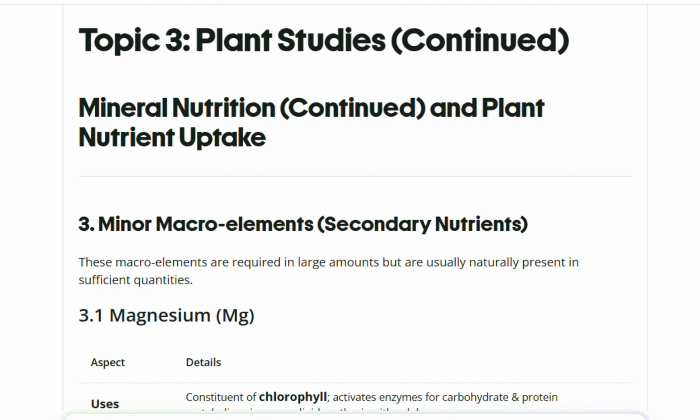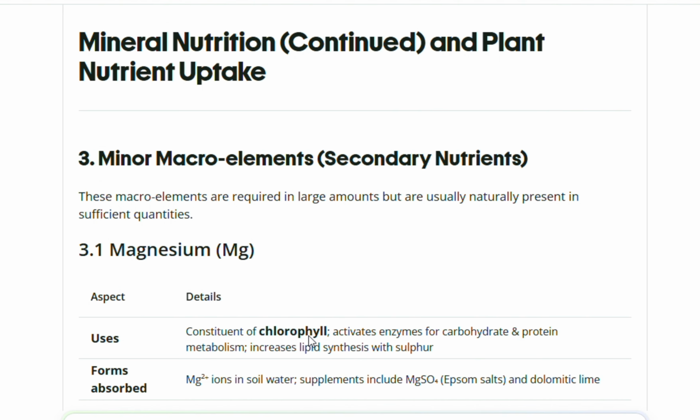With sulfur, it increases the rate of lipid synthesis.